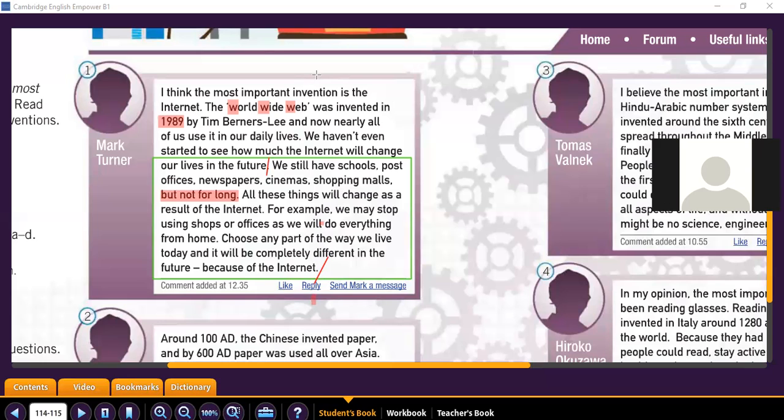Okay. So, is there any new word in this part of the reading? ¿Hay alguna palabra nueva en esta lectura? Any new word?